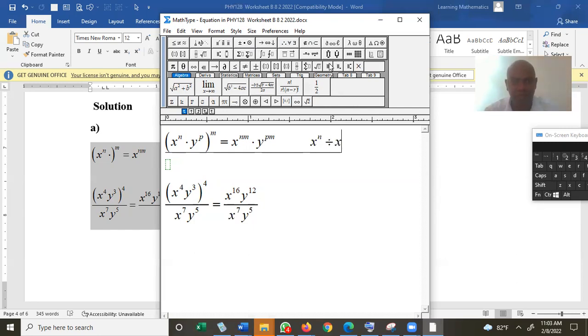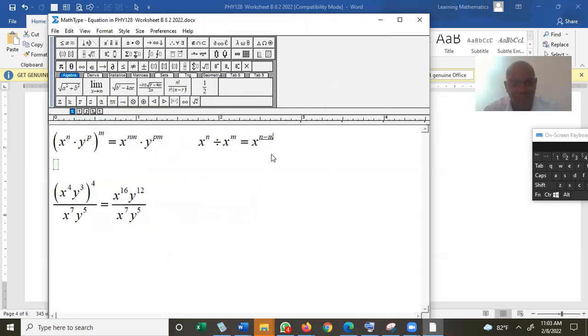The base has to be the same, to another power or the same power, it doesn't matter. You subtract the powers. So you keep the base and you subtract the powers. Now these powers have to be subtracted whereby the dividend is subtracted by the divisor.